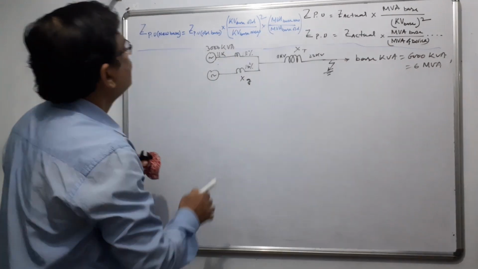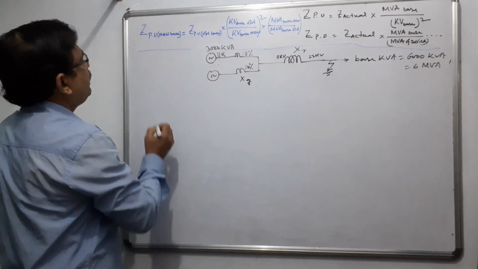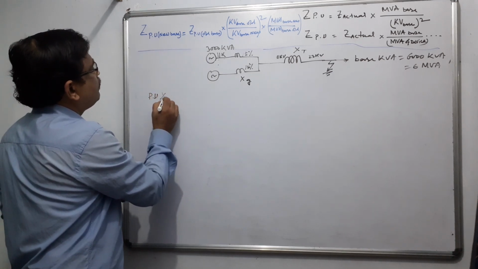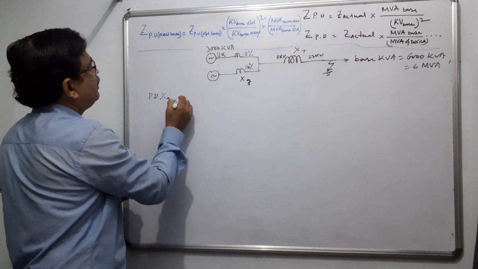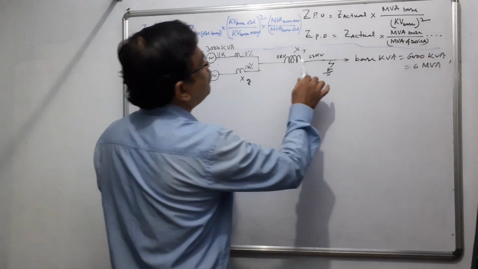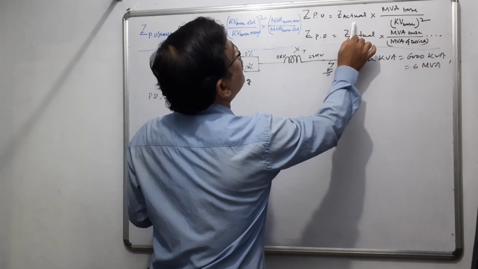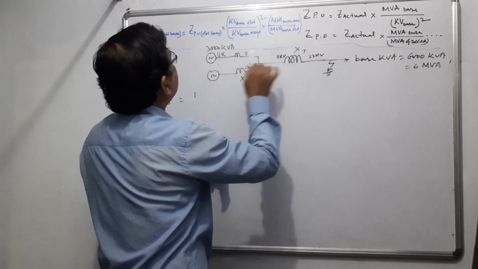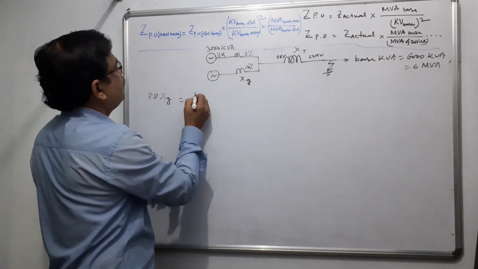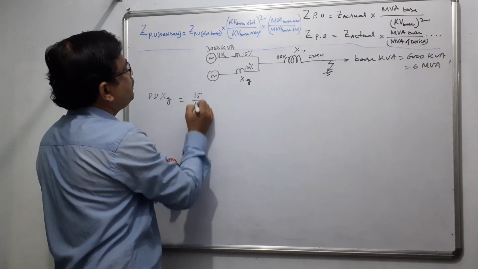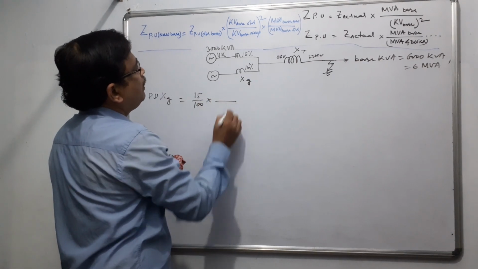Now the per unit reactance of the generator equals the actual value, which is 15%, that means 15 by 100 into base MVA over device MVA.